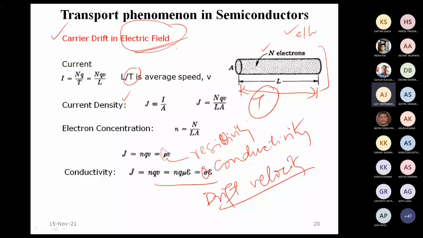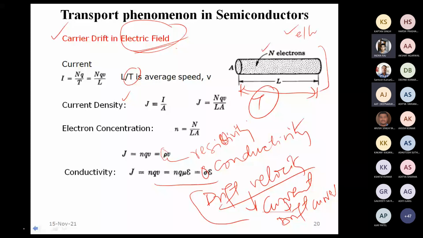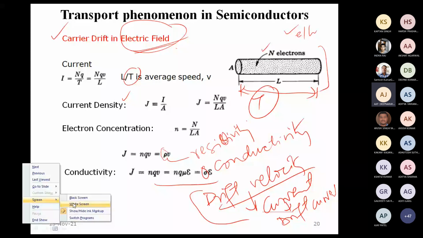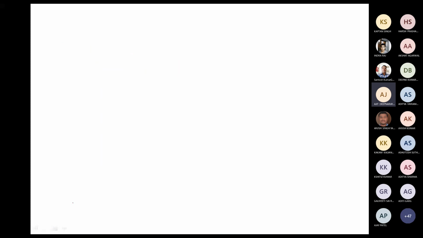Okay, so this is a drift current. Yet another type of current is possible in the semiconductors. Okay, and what is that type of current?